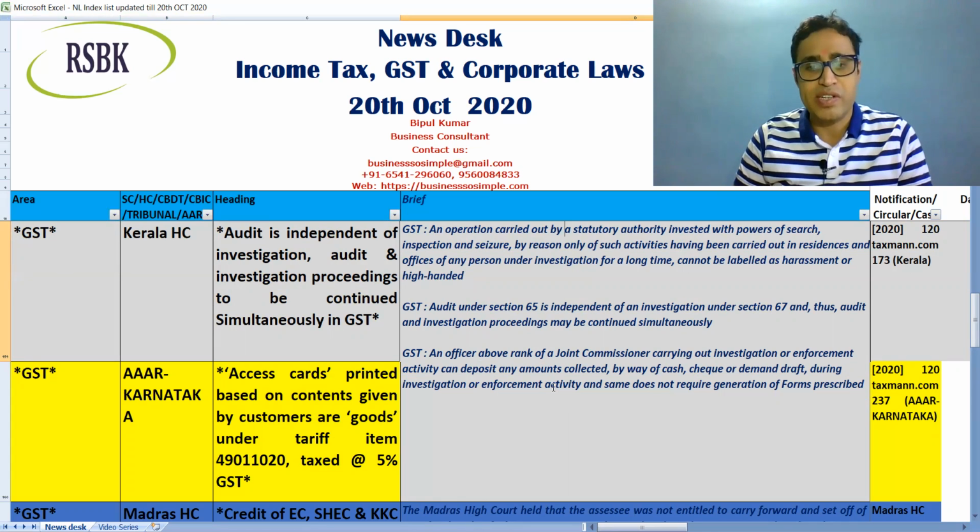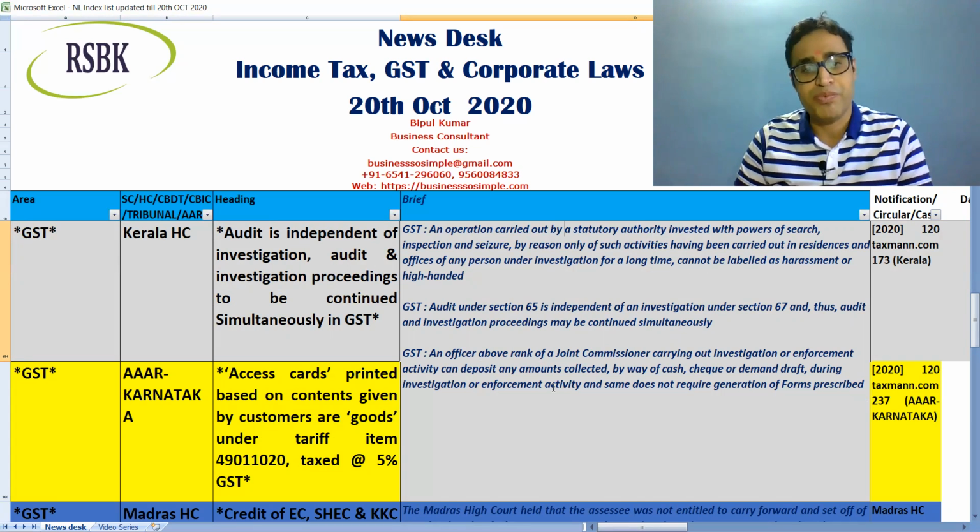Audit under section 65 is independent of investigation under section 67, and thus audit and investigation proceedings may be continued simultaneously. An officer above the rank of Joint Commissioner carrying out investigation or enforcement activity can deposit any amount collected by way of cash, cheque or demand draft during investigation or enforcement activity, and the same does not require generation of prescribed forms.